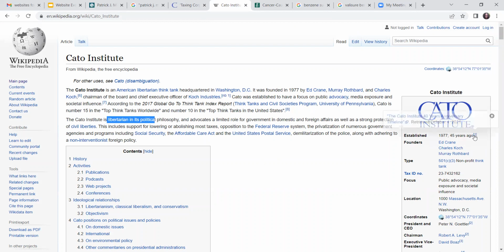And then later, over here on the side, it says that one of the founders of this organization was Charles Koch of Koch Industries, who's kind of well-known in business circles for being a ruthless businessperson and funding a lot of very opinionated websites and think tanks. So you might want to check that over.